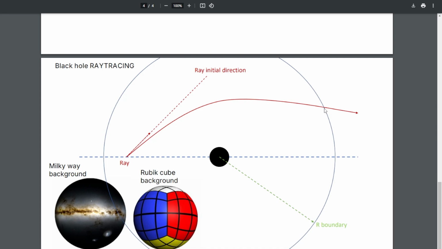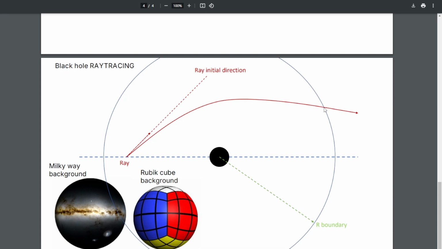At 50 Schwarzschild radii away, the trajectory doesn't bend that much. So I just assumed that whatever direction this photon has at 50 Schwarzschild radii, it will keep going in exactly that direction up to infinity.